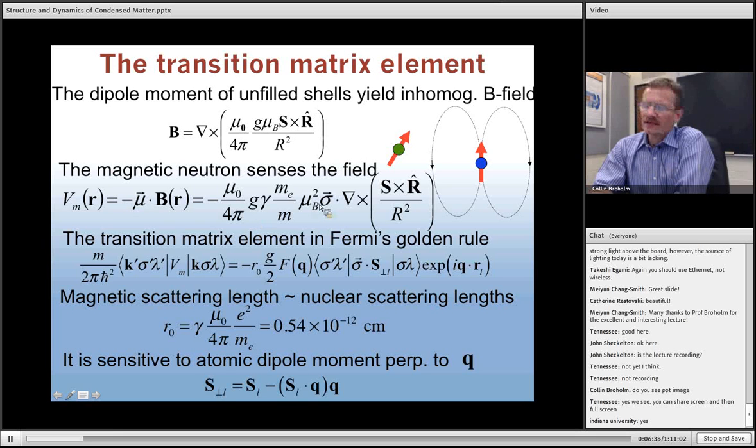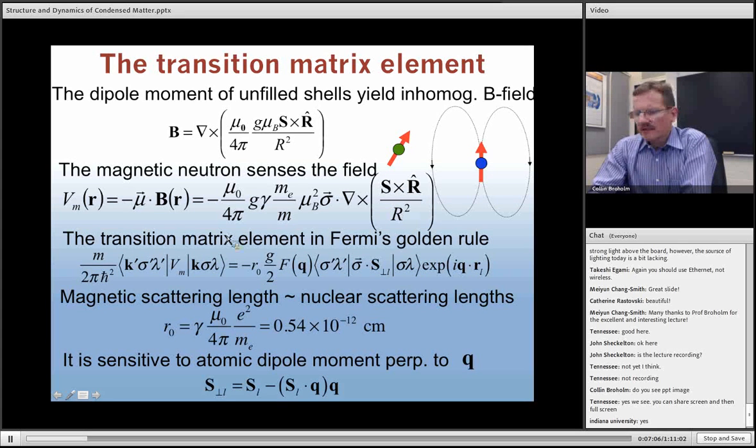That's because I have both a Bohr magneton that comes about due to the dipole moment of the electron, but in my expression for the dipole moment of the neutron, I also used the electronic Bohr magneton, and then it was modulated, or scaled, if you will, by the ratio of the electron to neutron mass. So that's what shows up there. These are the various prefactors that appear, and then the core of it is this curl of the cross product of S dot R.